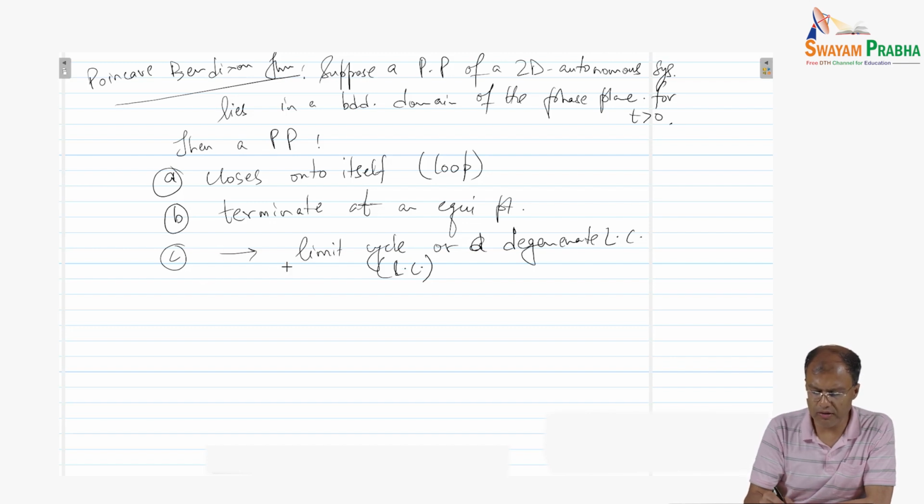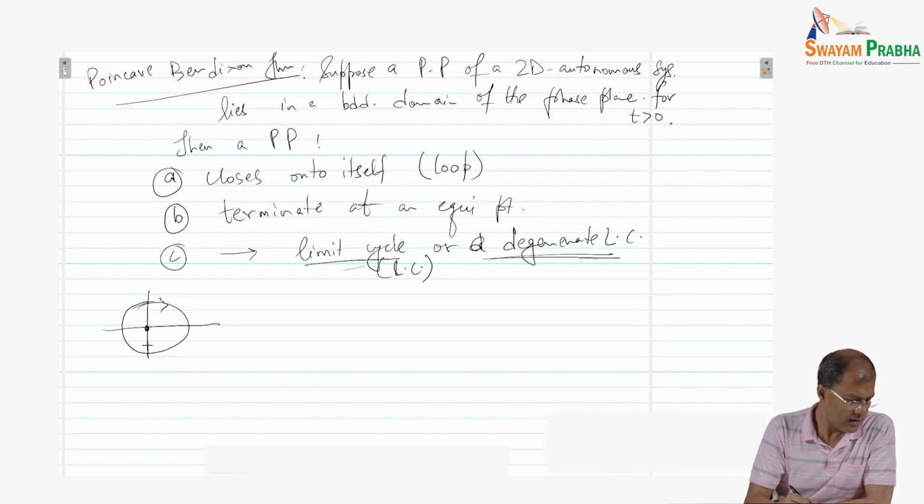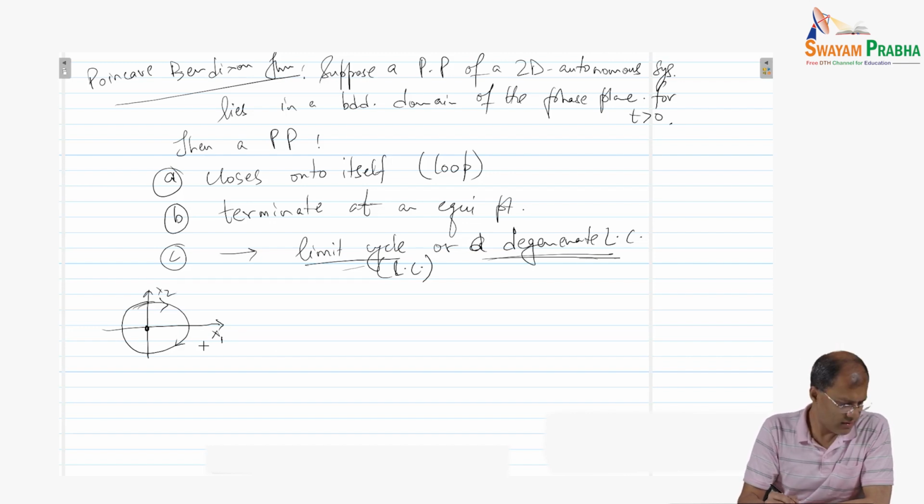Essentially there are four cases, and the last case has two sub cases, either a limit cycle or a degenerate limit cycle. The first case is when the loop closes onto itself. So we have a center, and this is the case when the solution is bounded, the trajectories are bounded and closed, of course.